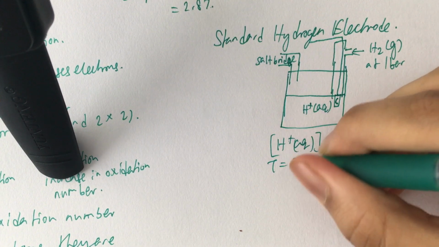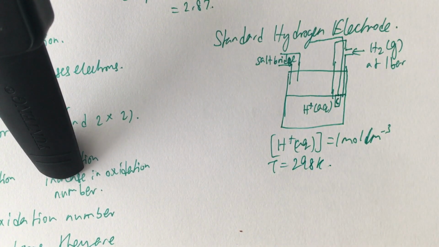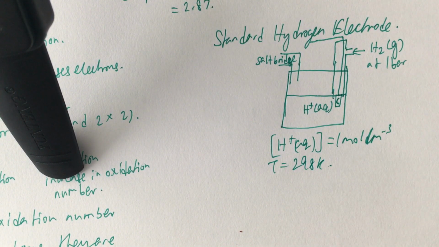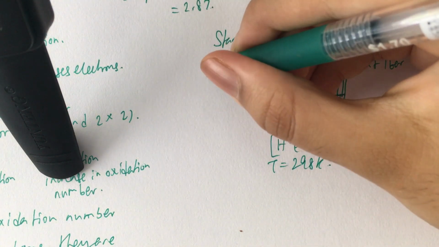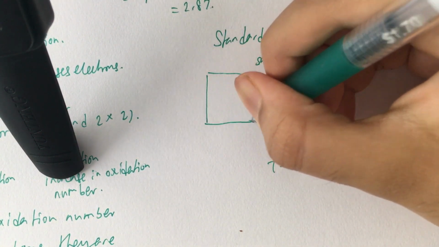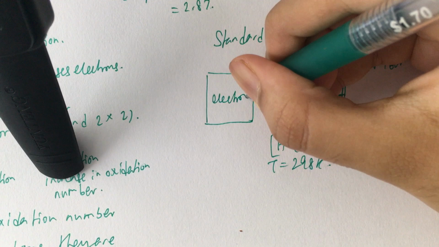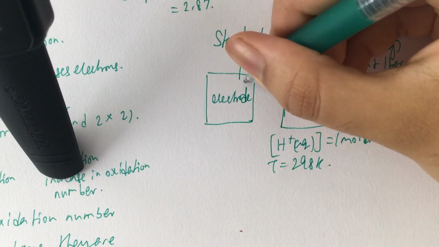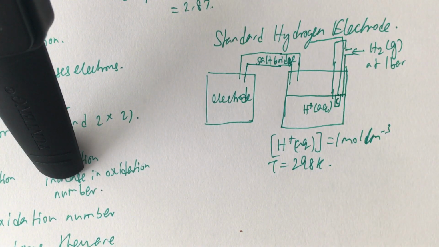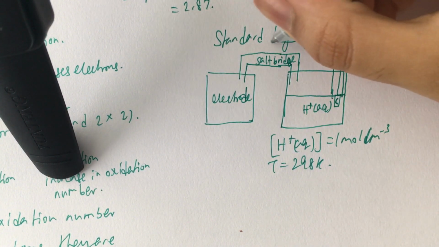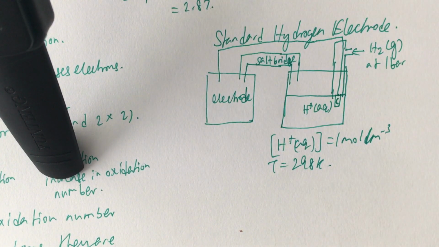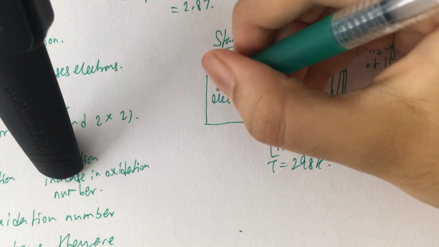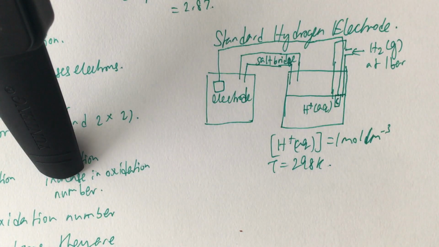So just use standard conditions for everything. The gas will be in a particular container and cannot just escape into the atmosphere, and the solution must have a concentration of 1 mole per dm cubed. So that should be in equilibrium to some extent.